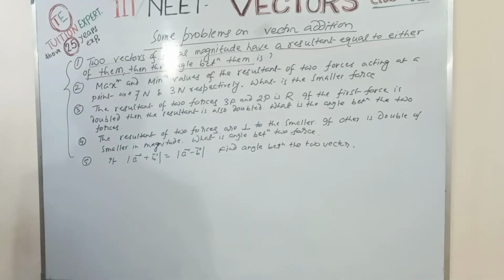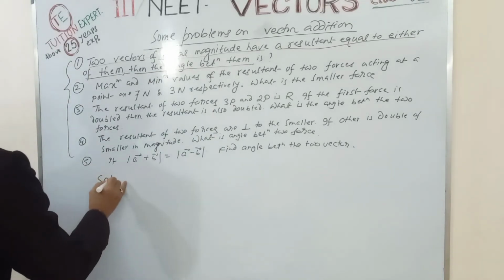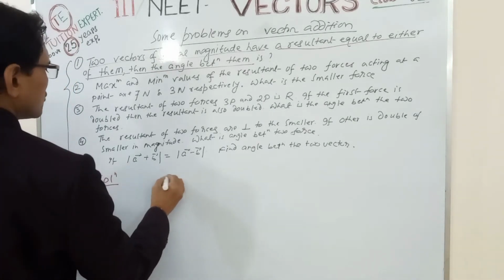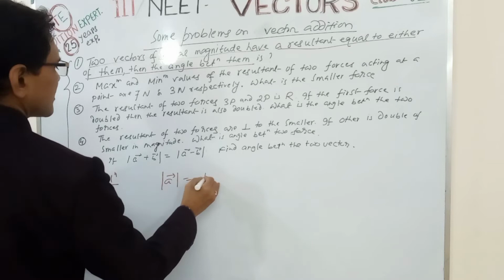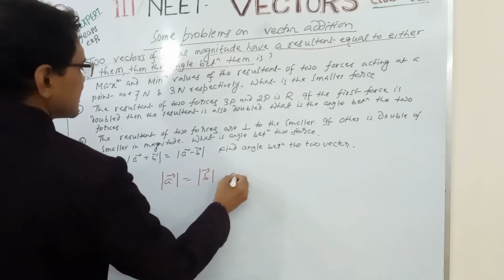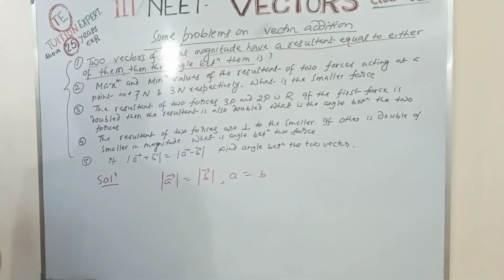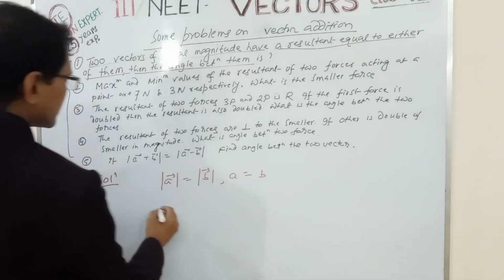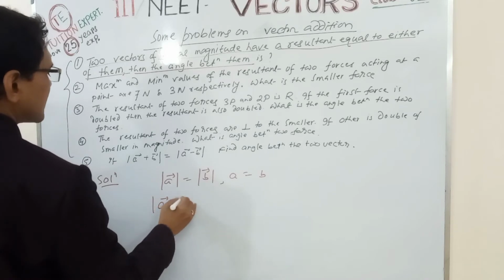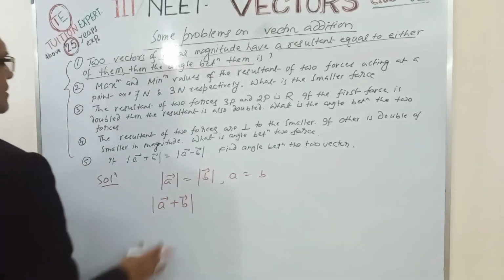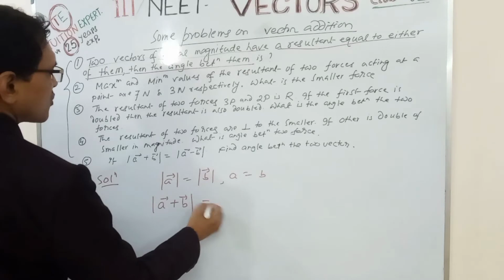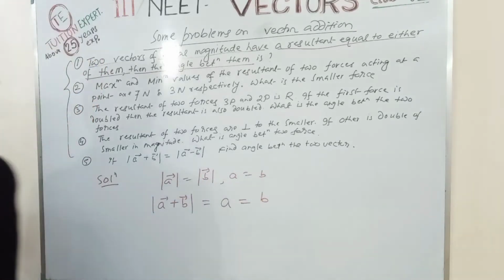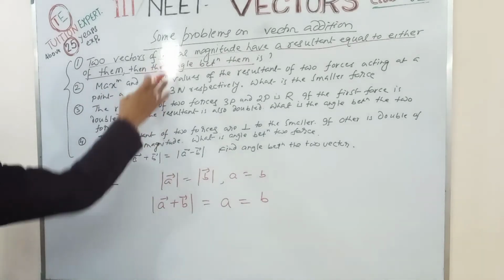So two vectors of equal magnitude, that is a equal to b, have a resultant equal to either of them. What is the resultant? We can write a plus b, and its magnitude is equal to either of them, that is a or b.